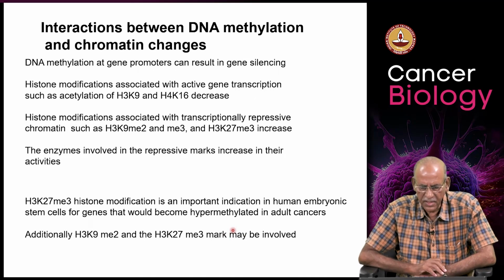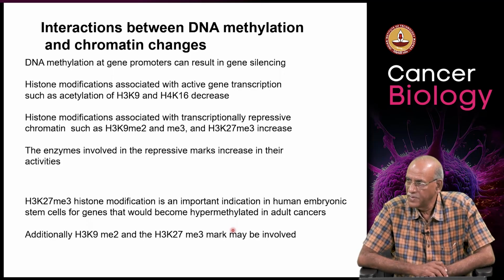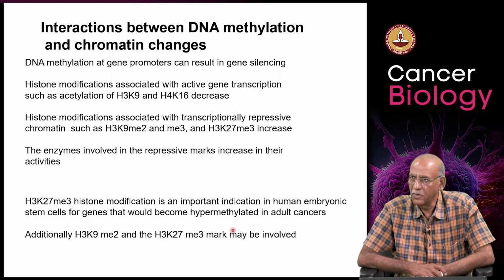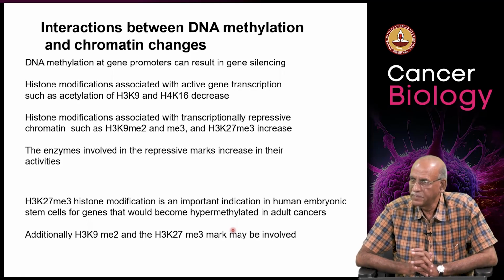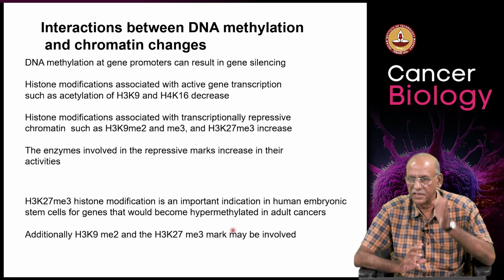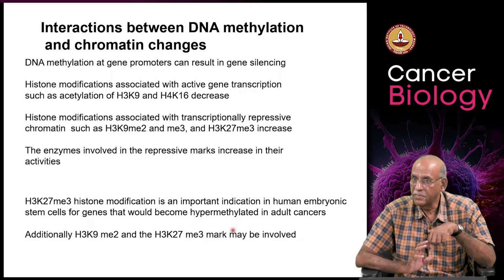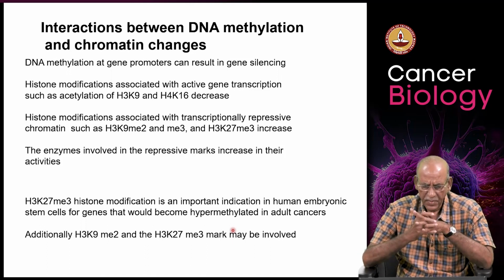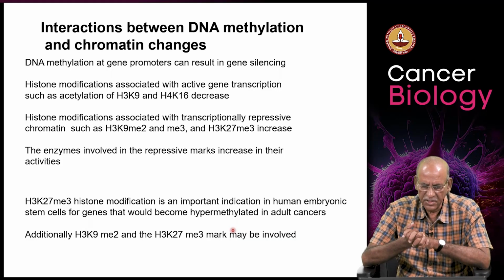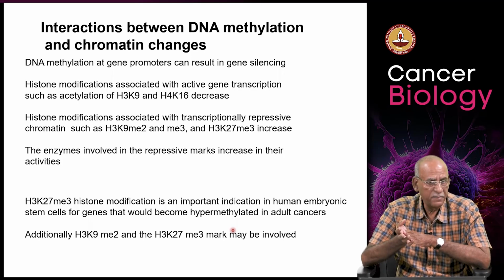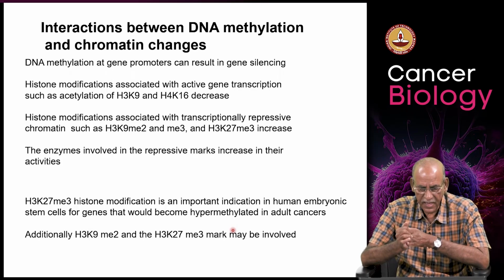Then DNA methylation at gene promoters, this is an important thing. In the promoter, if there is hypermethylation, then that can lead to gene silencing. So, that is the most important epigenetic signal. Histone modifications associated with gene transcription, such as acetylation of H3K9 and H4K16, decrease.